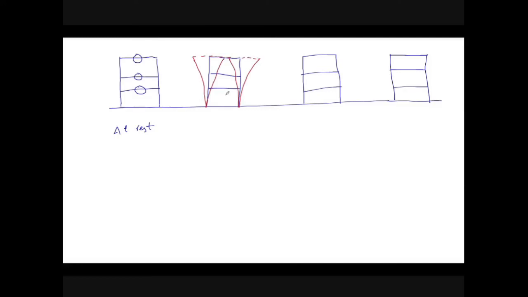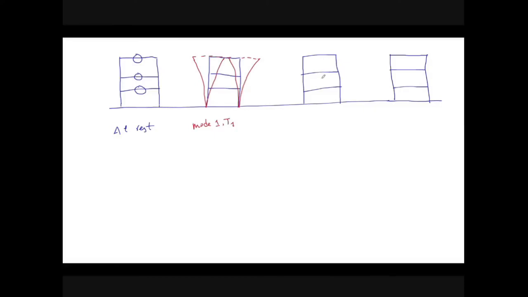So this will go back and forth laterally under mode 1. And we can identify this mode by looking at the mode shape where all the floors are moving in the same direction. That will represent mode 1.